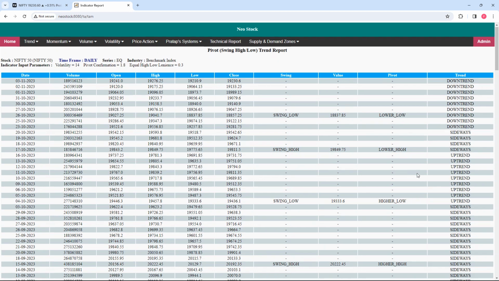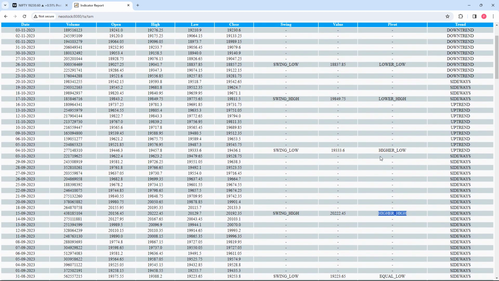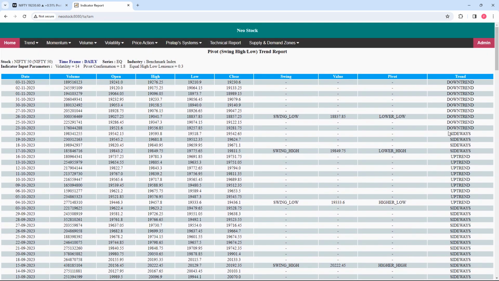Similarly, higher high and higher low indicates uptrend. And we identify these lower lows and lower highs based on the swing highs and swing lows. The swing low value is specified here, the swing high value is specified here. This comparison finally helps us identify the downtrend. So this is how the software algorithm works.